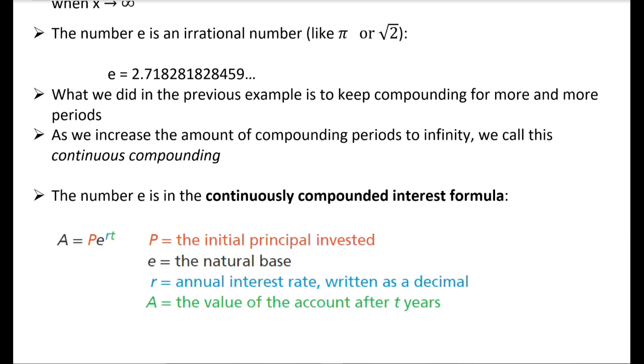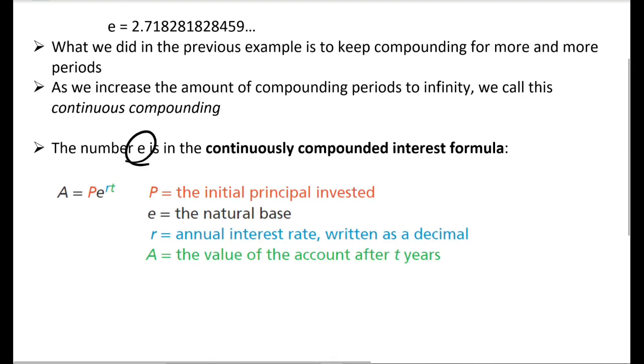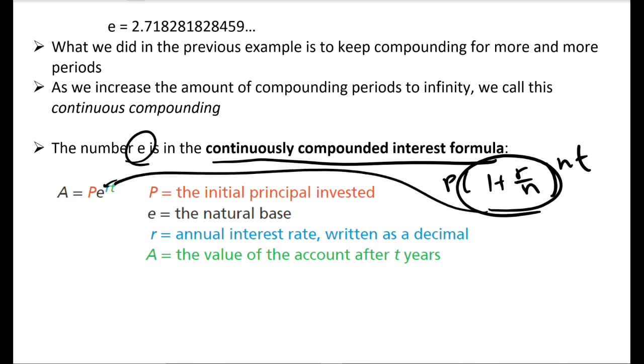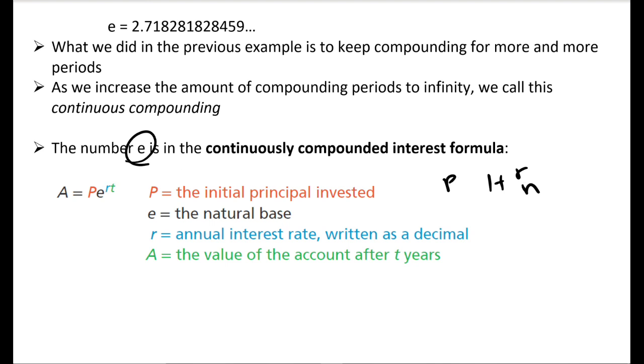Well, we call this continuously compounding, and we use the number e for that. So we use the continuously compounded interest formula to calculate this. Notice that instead of having P times 1 plus r over n to the nt, now this becomes e, right? So now we have e there, and then the r goes to the exponent.